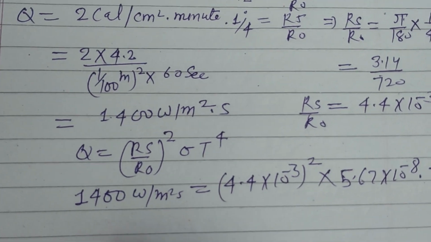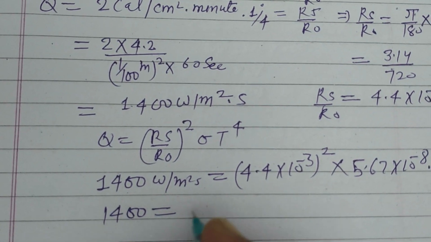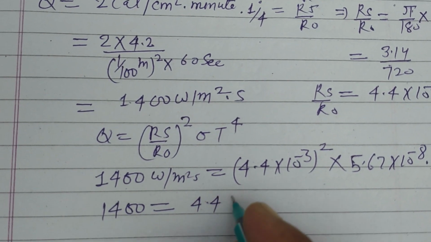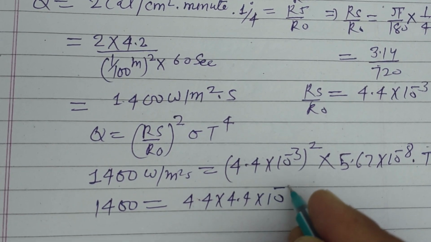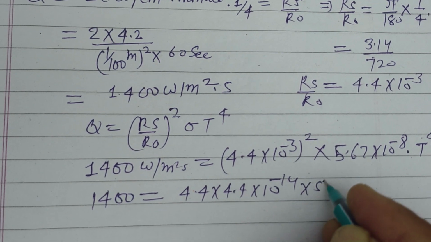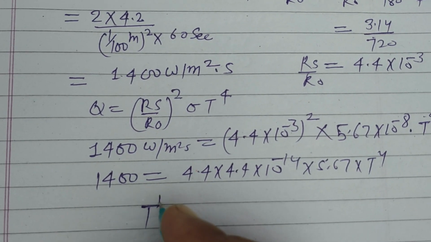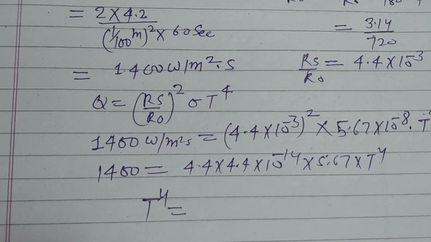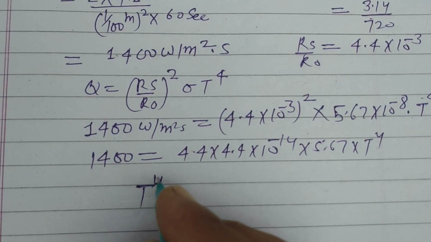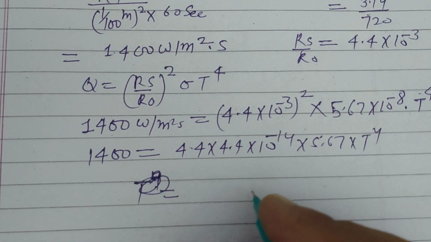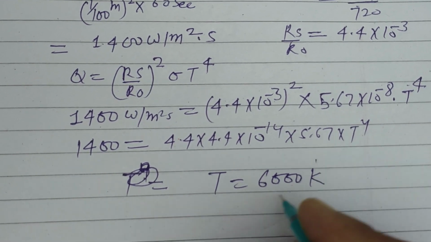So 1400 equal to 4.4 into 4.4 into 10 to the power minus 6 and minus 8, this is minus 14, into 5.67 into T to the power 4. On solving, because it is a long calculation, when we solve T to the power 4, we got T equal to 6000 Kelvin.